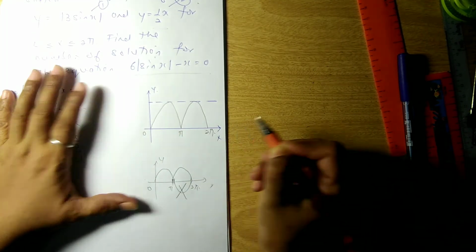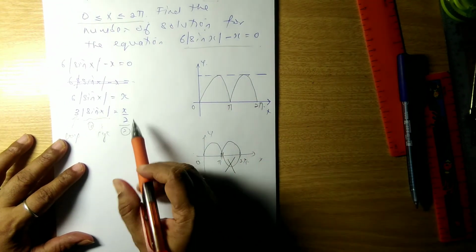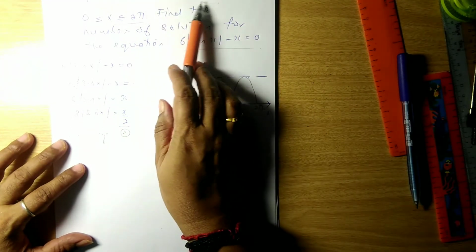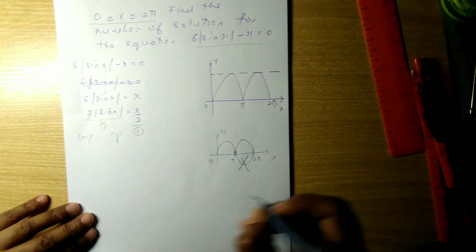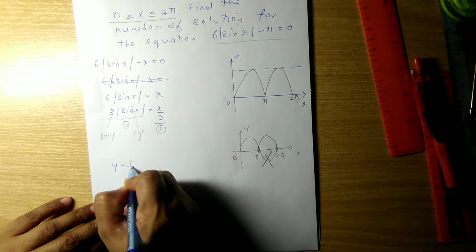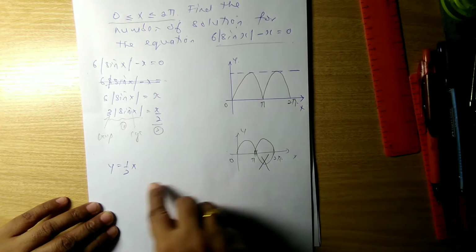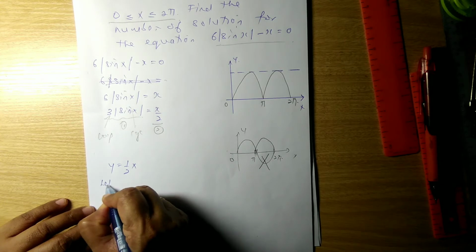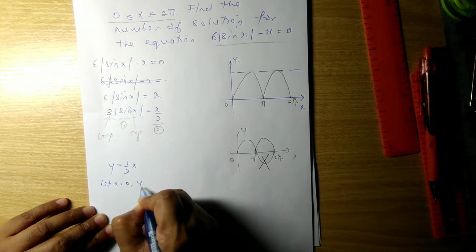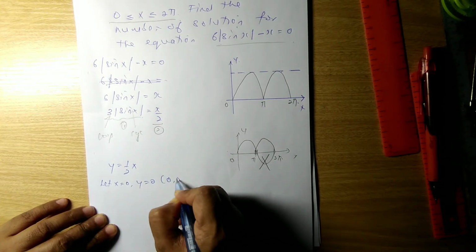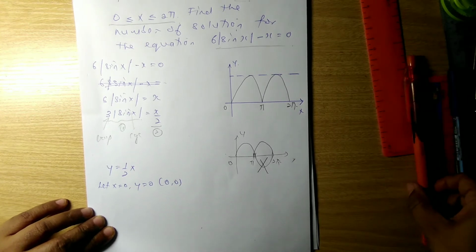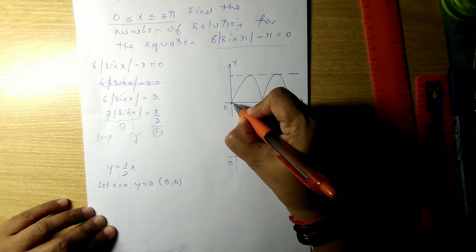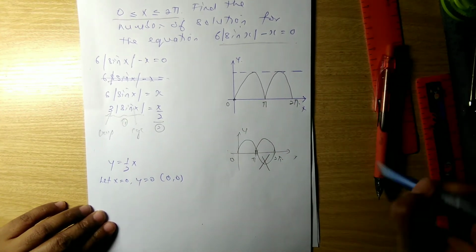Next we go for the second graph, y equals half x. First, you substitute when x is 0. When x is 0, y will also be 0. So my first coordinate is 0, 0, which is here. We need one more. Let's say I go for pi.